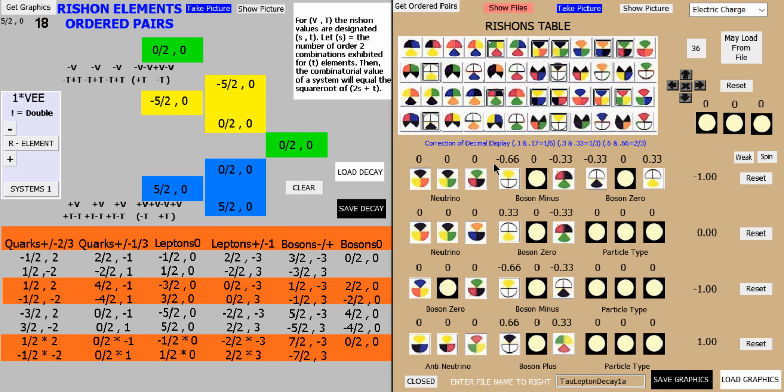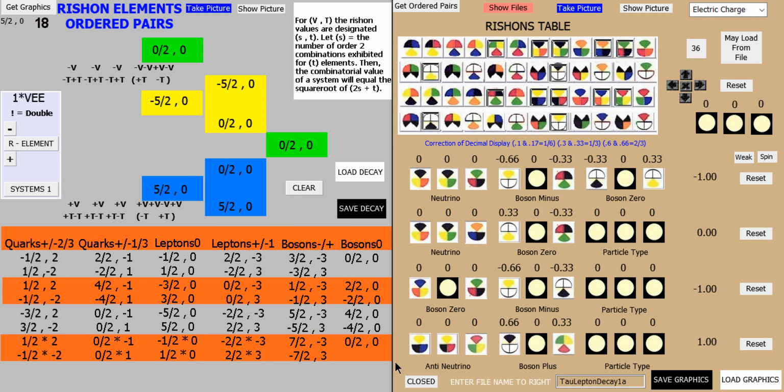But on the scalar boson minus, the electric charge on the respective particles is minus 2/3 and minus 1/3, which sums to minus 1 for the electric charge.